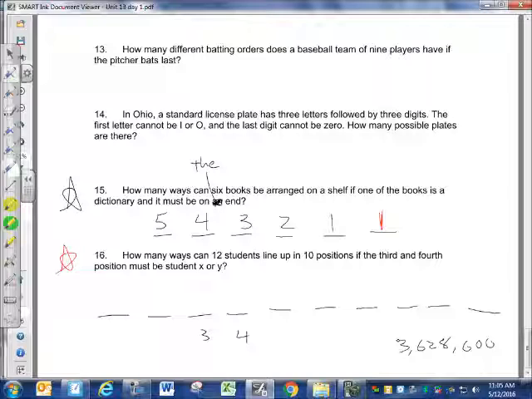Oh. 3,628,600. Okay, I changed what you told me to change, and this is what I got. 1, 2, 3, 4, 5, 6, 7, 8, 9, 10. What happened to 8? 10, 9 to 7? No, went away. Yep. You got it. That's right.